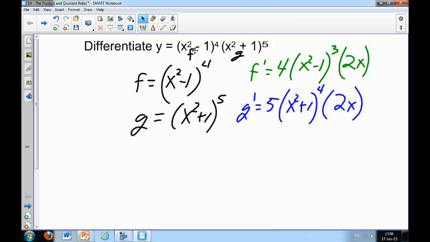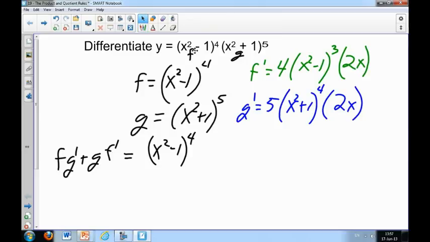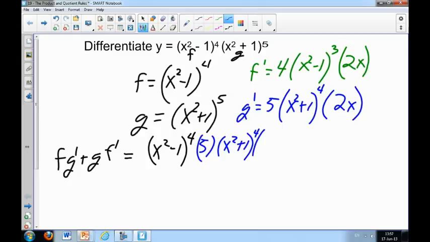Now, we use our formula. We're going to use our f g prime plus g f prime, and that's going to be, well, we take our f. Our f is x squared minus 1 to the 4th, and we multiply that by our g prime, and that is 5 times x squared plus 1 to the 4th power times 2x.